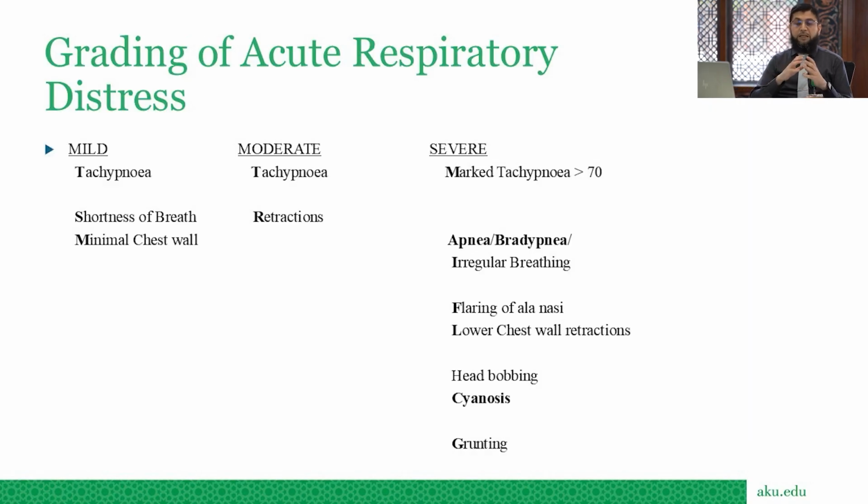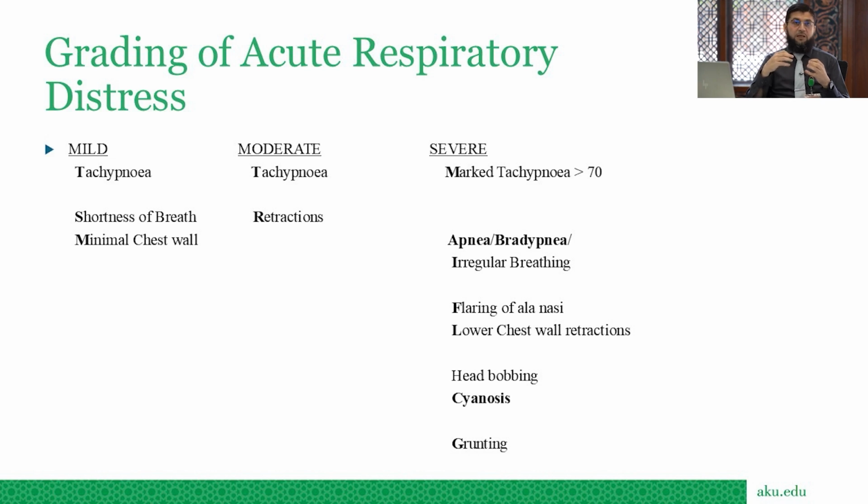Considering the grading of respiratory distress, it is really important to understand how you can identify that clinical distress and how you can meaningfully convert it into how much need the patient has.